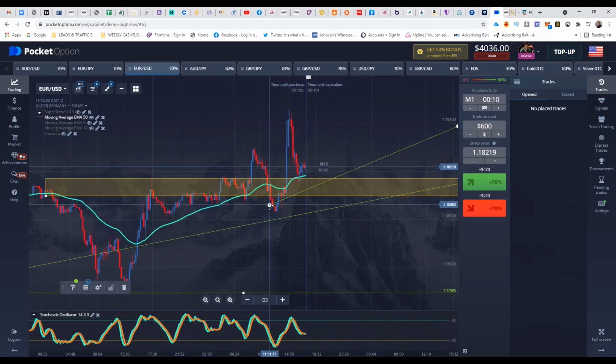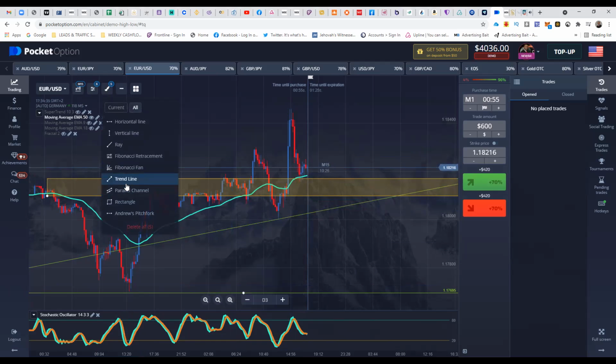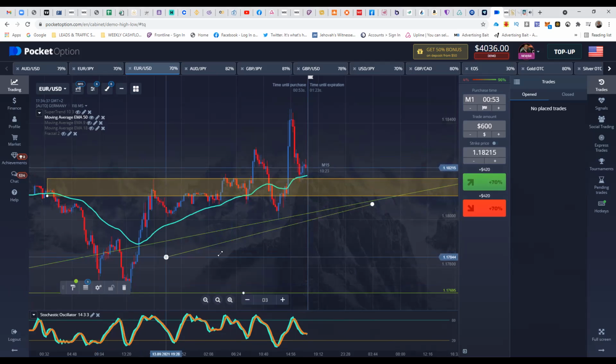Now, when we look here, price is clearly overall bullish. But then I'm going to erase this trend line here and draw one here. Typically I draw a trend line here, then I'm just going to erase this one.